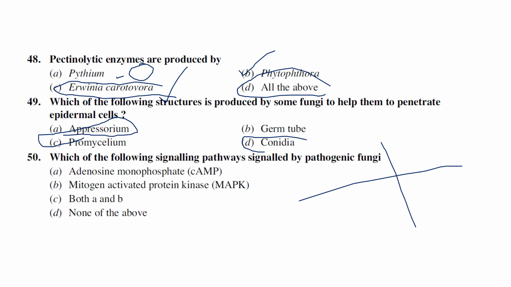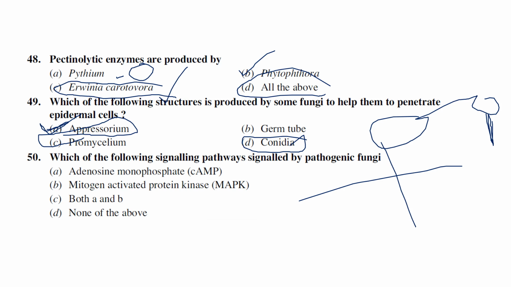Conidia are asexual spores produced by Ascomycota and Basidiomycota fungi. The appressorium not only attaches but also helps to penetrate inside, so the main culprit here is the appressorium. The germ tube is directly germinating from the spore. From the appressorium, a small tube penetrates inside, which is called the penetration peg. Since there is no penetration peg here, the answer is appressorium, because the penetration peg develops from the appressorium only.